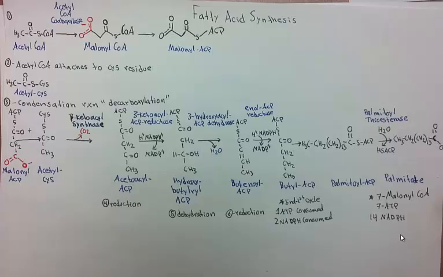I would also like to emphasize that we began with a 3 carbon chain, 1, 2, 3, and at the end of the first cycle, this malonyl ACP was reduced into a 4 carbon chain, 1, 2, 3, 4. So this is essentially mostly a reduction reaction.